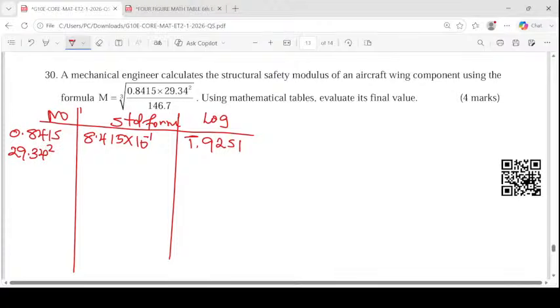The next number we have here is 29.34 squared. In standard form, this will be 2.934 times 10 power 1. The power here becomes the characteristic.